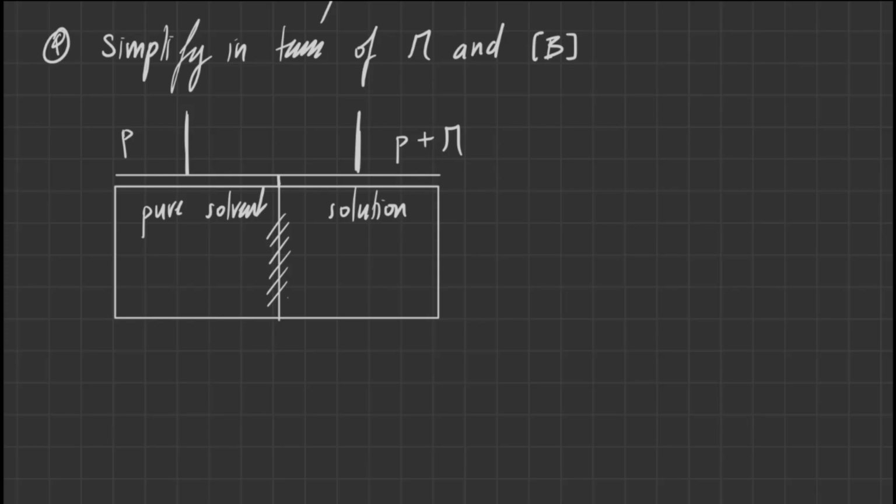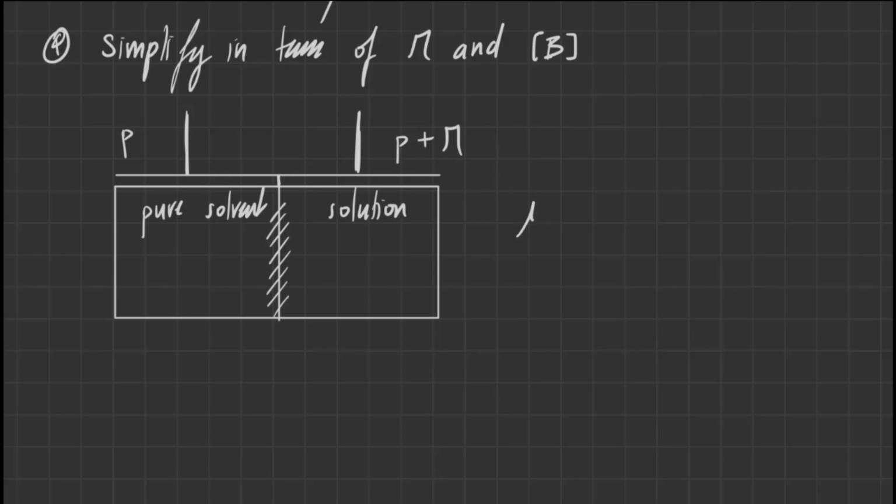What you want to know here is that the chemical potential of a solution when you add a solute is most likely going to be lower than the chemical potential of the pure solvent.